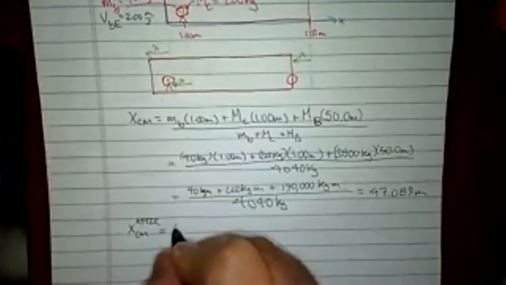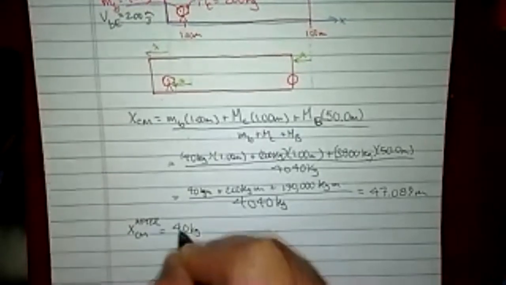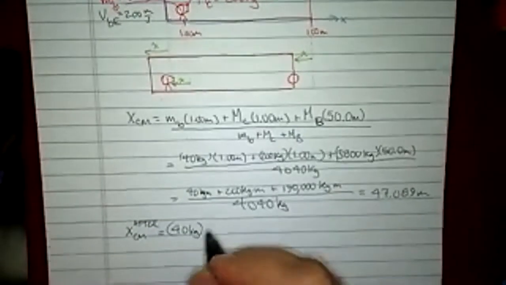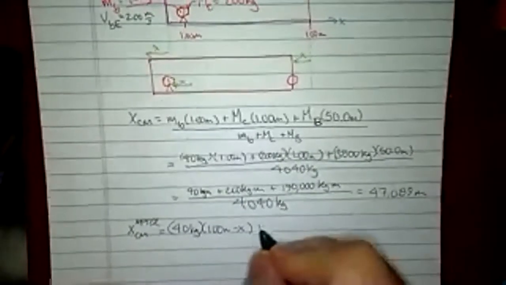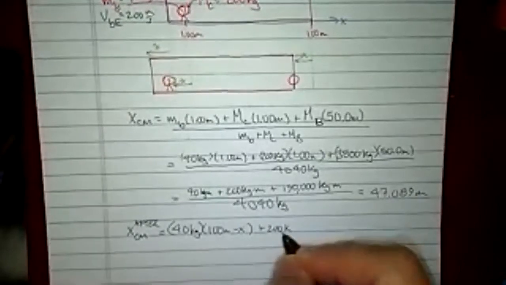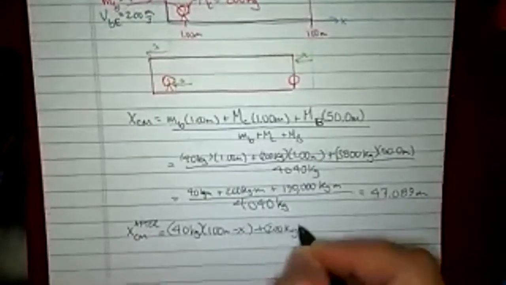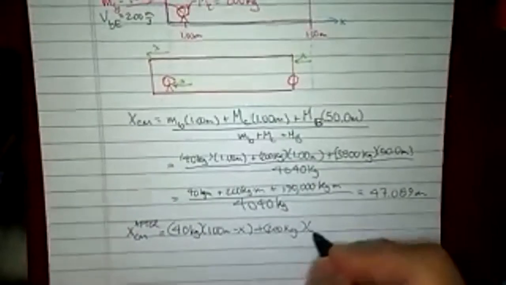So after the fact, we're going to have a 40 kilogram cannonball that's going to be at a distance of 100 meters minus x. We're going to have a 200 kilogram cannon that was at 1 meter, and now it's going to be at 1 meter minus x.